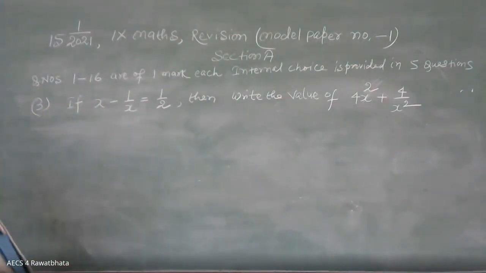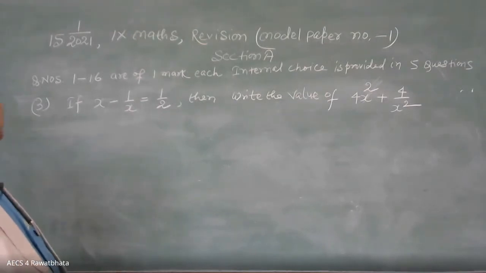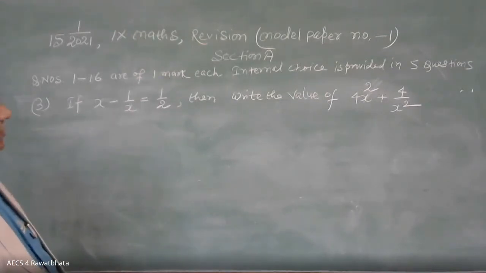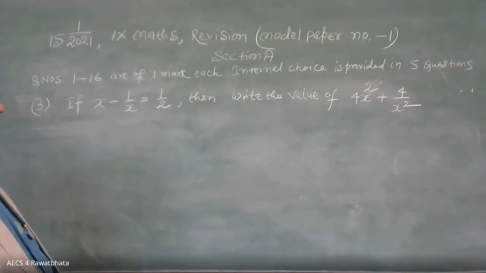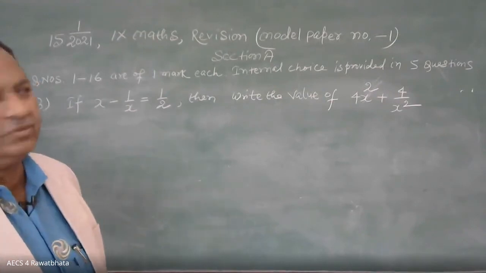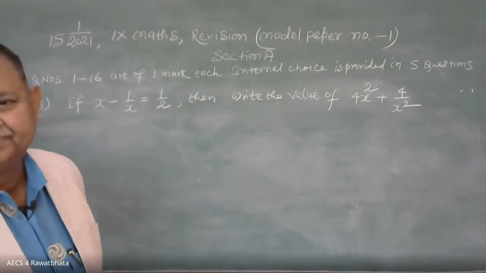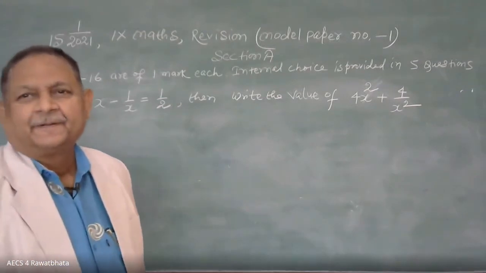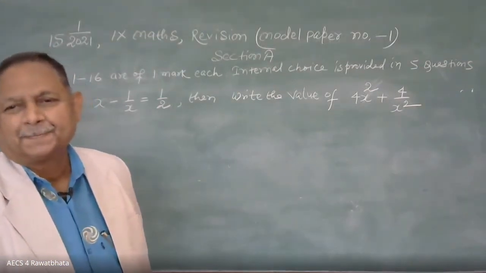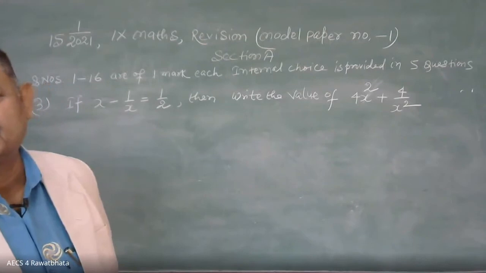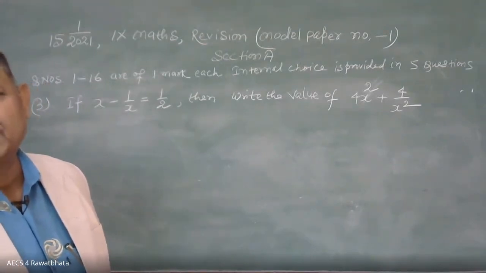If x minus 1 by x is equal to 1 by 2, then write the value of 4x square plus 4 upon x square. Who will solve this? This is 1 mark question.